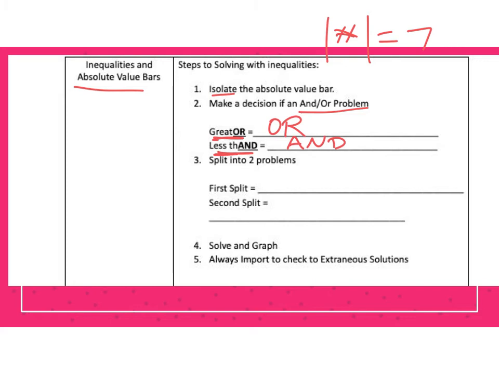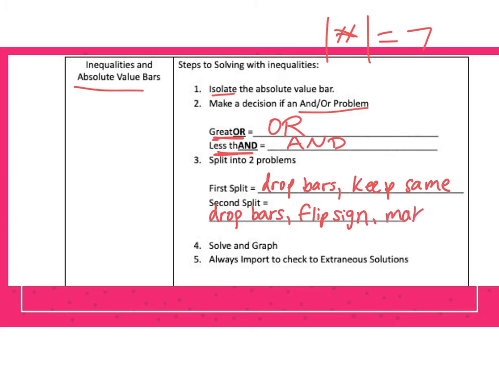The first split is to drop the bars, keep it the same. Second split, drop the bars, flip the sign, and make the other side negative. Then you'll solve and graph it and check for extraneous solutions. Okay, not every solution is going to work.